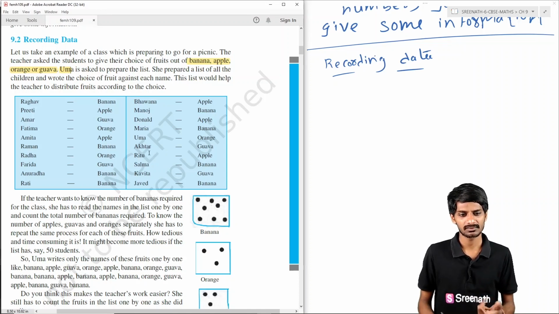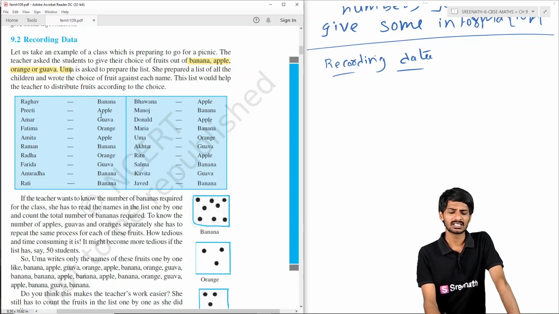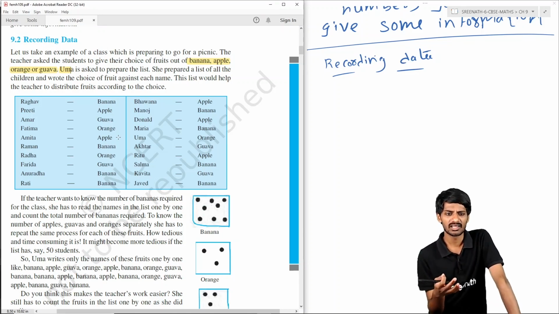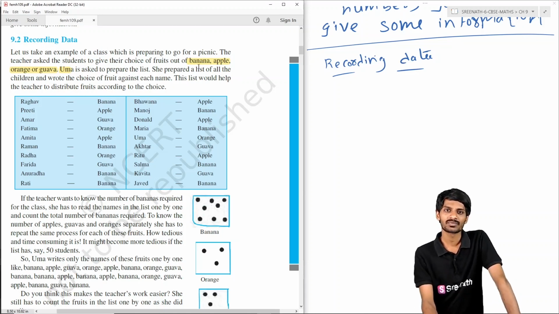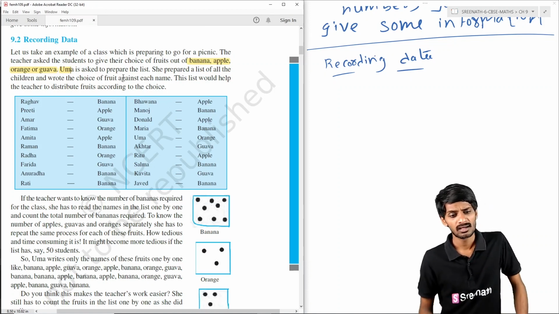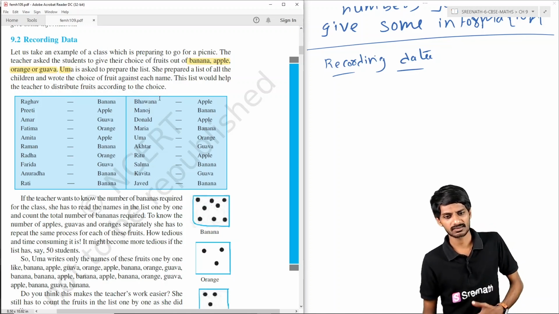What we require here is that the class is going for a picnic, and they want some fruits to eat in the picnic. They have to choose what fruits they want, and the teacher asked for their choice out of four fruits: banana, apple, orange or guava. And Uma has to do this work, students.